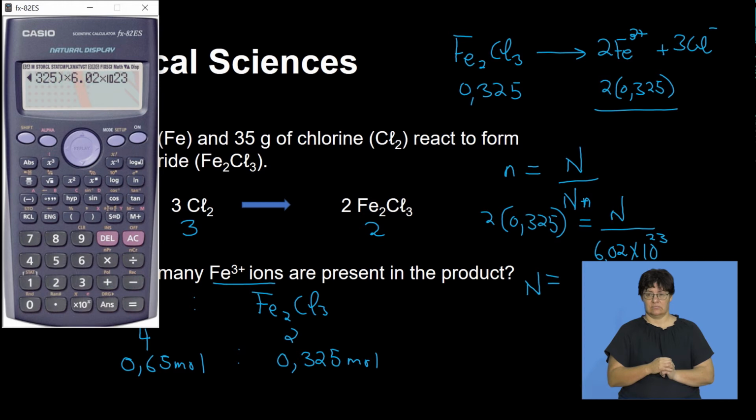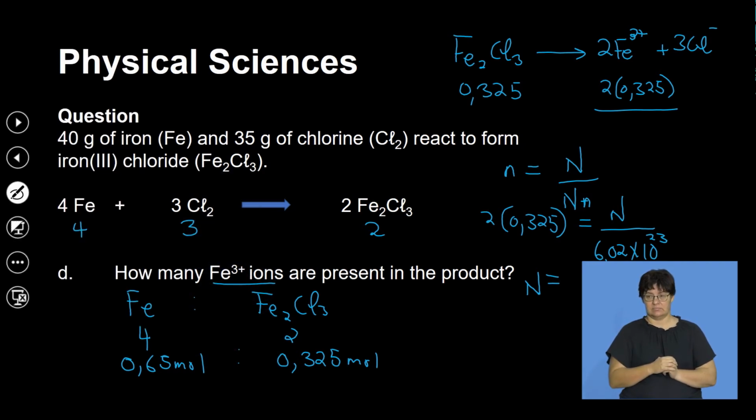Then this gives us the number. So how many particles are there? That number is 3.91 times 10 exponent 23. So this is the actual number of particles.